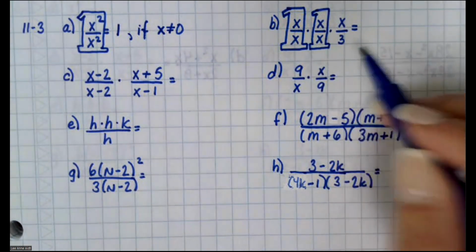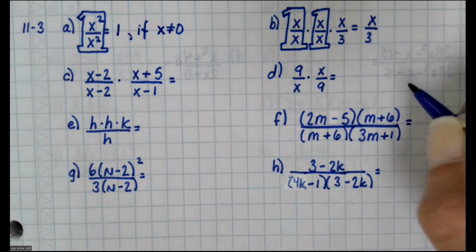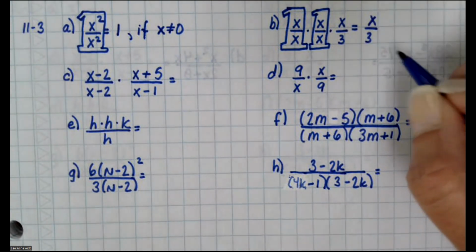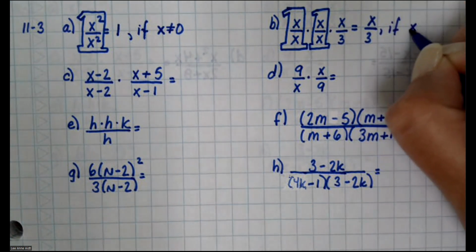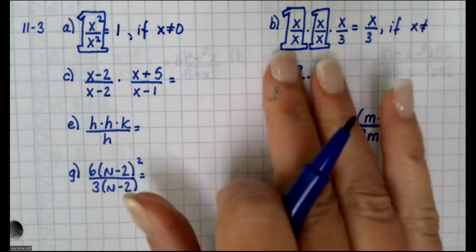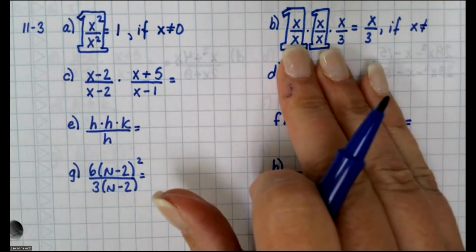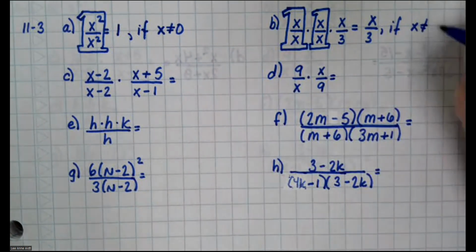So 1 times x over 3 is x over 3. However, x is not... remember I said get excluded values from the problem, not the answer. So 0.